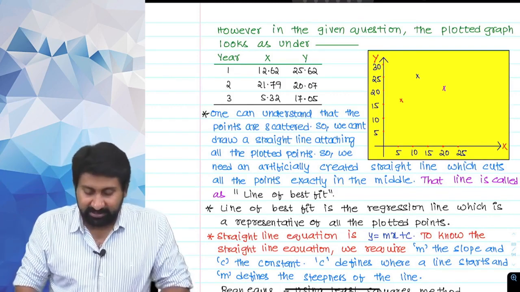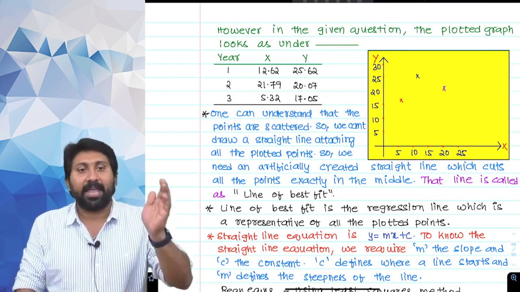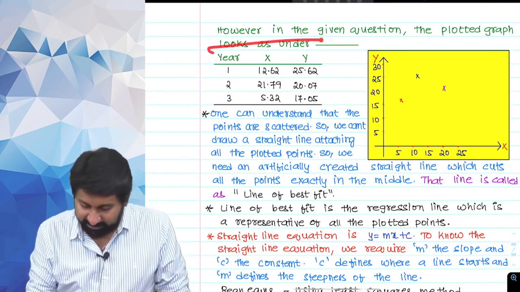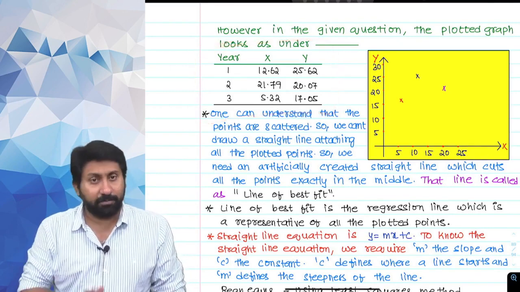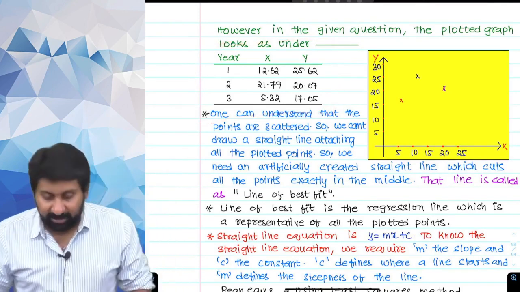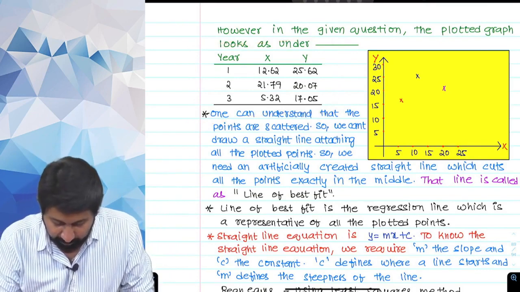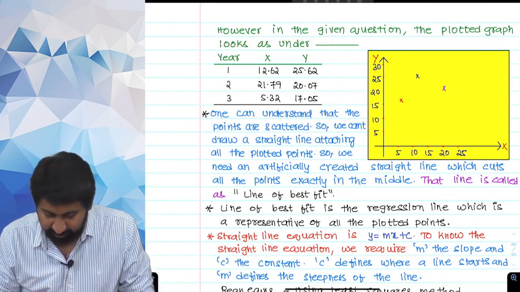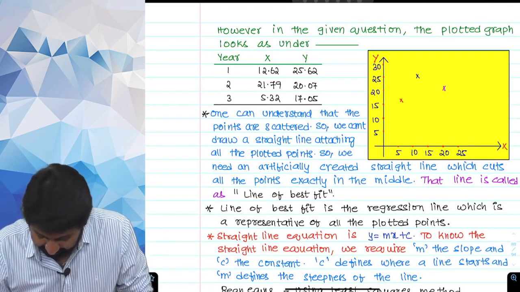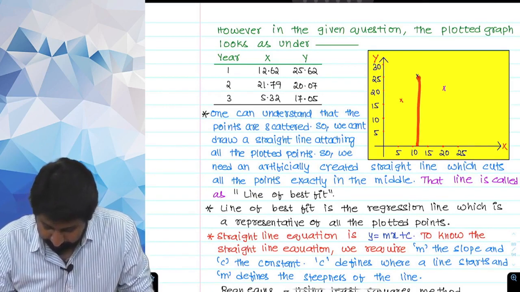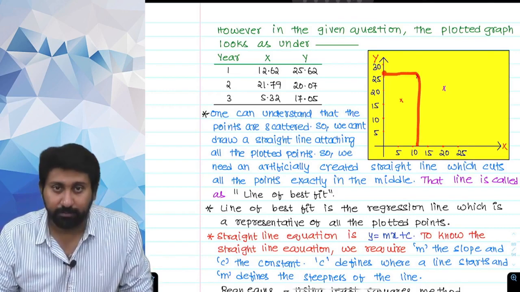He has taken the years' X and Y as a base, this particular set of information from this question, and plotted it on a graph. First, 12.62 and 25.62, somewhere here.